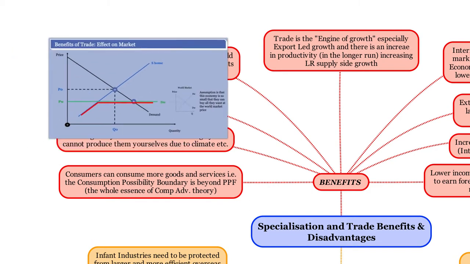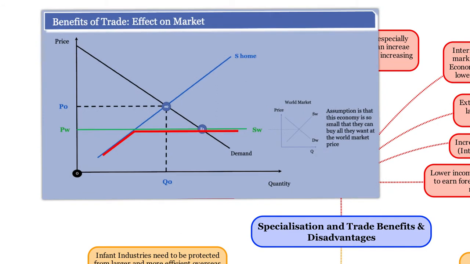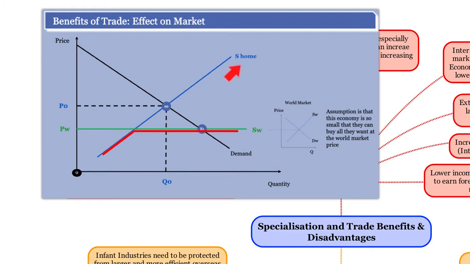But I'm just going to bring in the diagram that you need to be looking at in that particular case, where you just show, for example, you have the home supply curve, the home demand curve, and then you bring in the world supply curve down here. And so this red line becomes the supply curve. And what you're arguing is that for the consumer, the price is lower, and so their real incomes are higher.